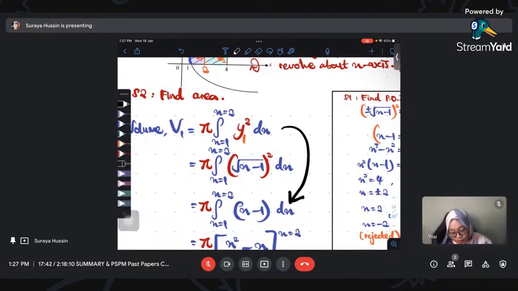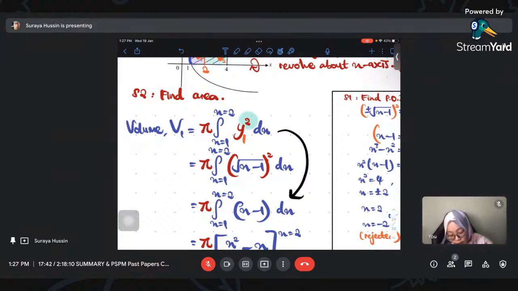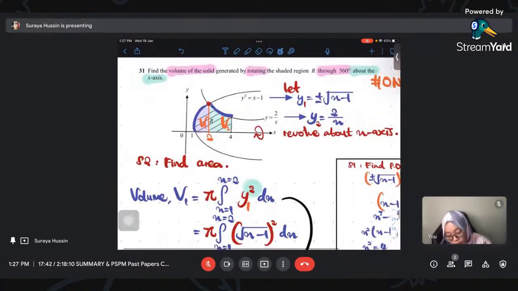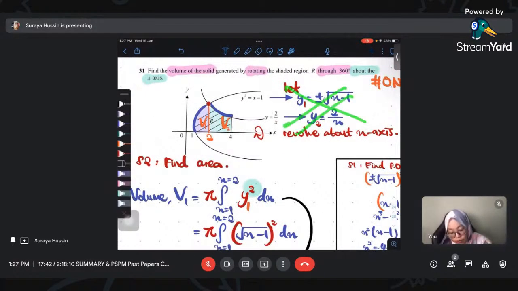Sebab itulah. So dah kata cari volume, volume kan memang ada squared. Tak payahlah susah payah nak jadikan y sebagai subjek. Yang ni tak payah buat pun tak apa guys. No need. Okay, ni tak payah buat.